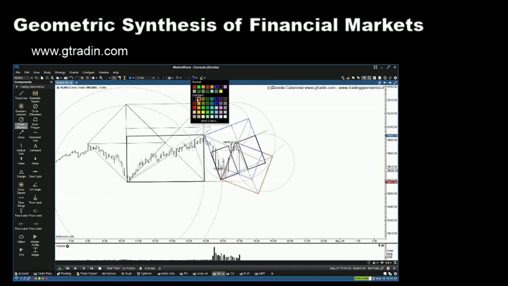Let's see if we can find and select this reciprocal. We will make it dark red, and this will be the level where the price then will actually do the minimum, that is, on the reciprocal of this square here.